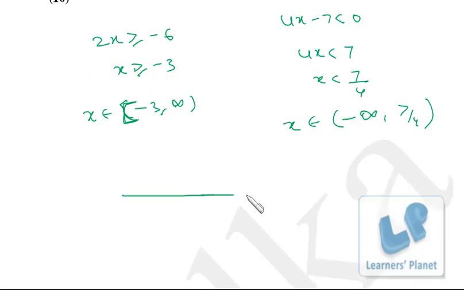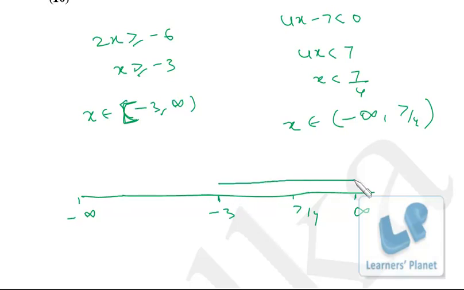So once again I draw the number line, that's minus 3 to infinity. This is minus 3 and this is infinity, and this is minus infinity, and it is 7 by 4. Right? So first of all we draw minus 3 to infinity, so that is this range.